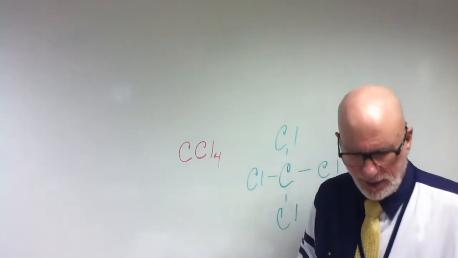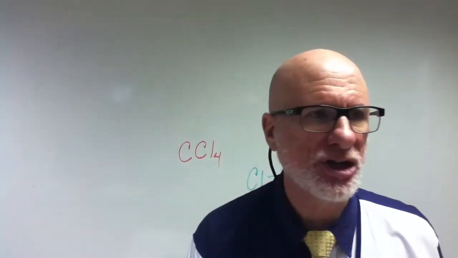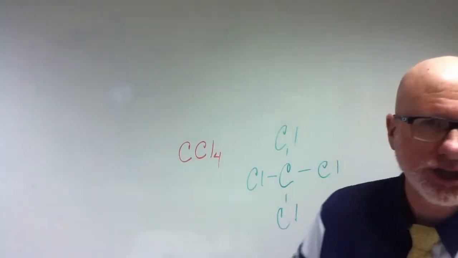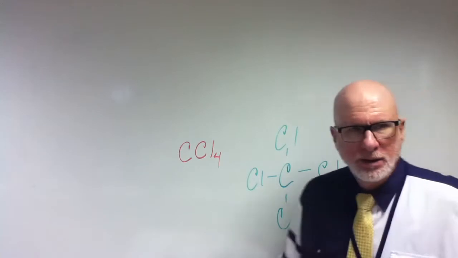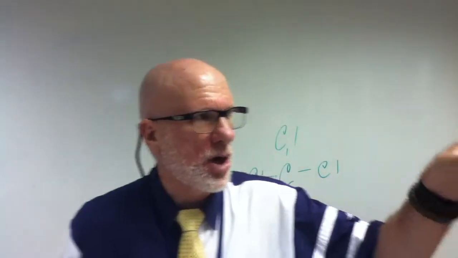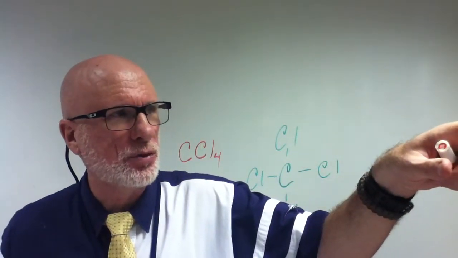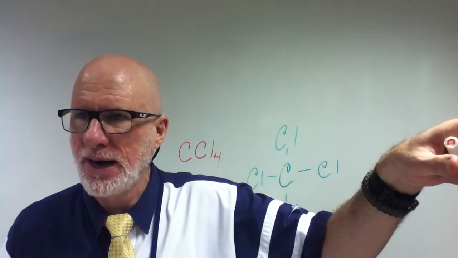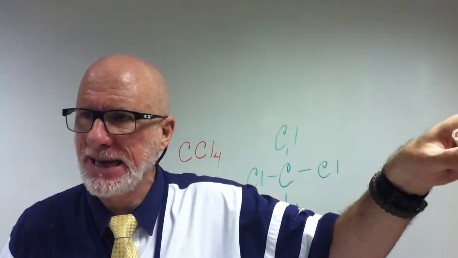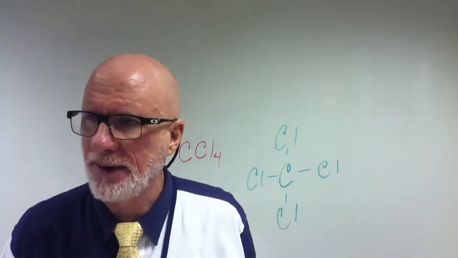Then what you do is you've got to count the total valence. First thing you do. We know that carbon is from group 14, right? How many valence electrons, how many S and P electrons does carbon have?